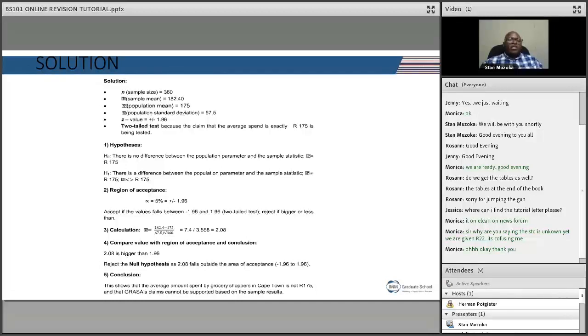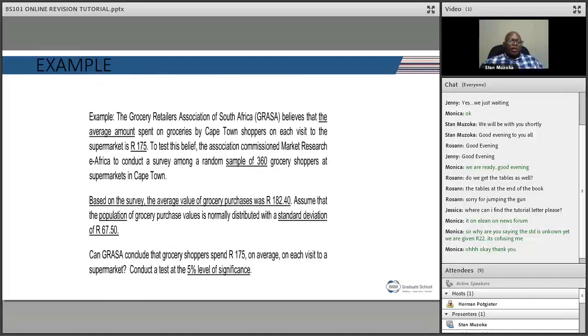Let's define the hypothesis. That's step number 1. The management question says that this association believes that the average amount spent is 175. Can you conclude that it is 175? Which means, are you sure mu is equal to 175?